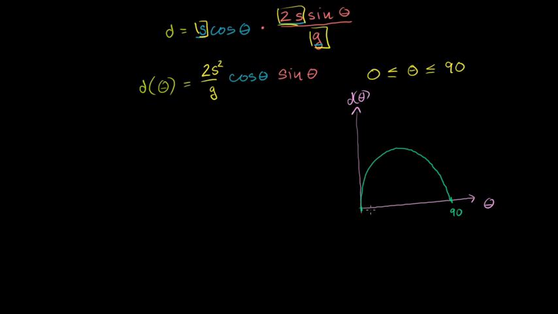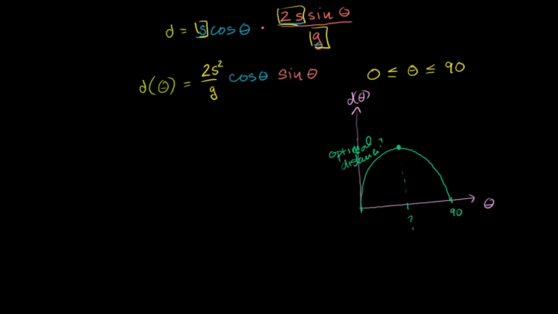And what we want to do is find the angle. There's some angle here that gives us the optimal distance. So this is right here, this is the optimal distance, and what we want to do is find that out. When you look at the graph, what happens to the instantaneous slope at that optimal distance?